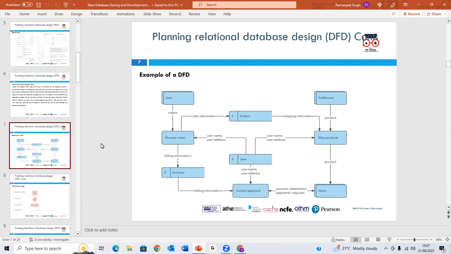So this is an example of DFD, where we have a starting point, we have a user. Then we have a flow diagram, which shows us how these connect to each other.